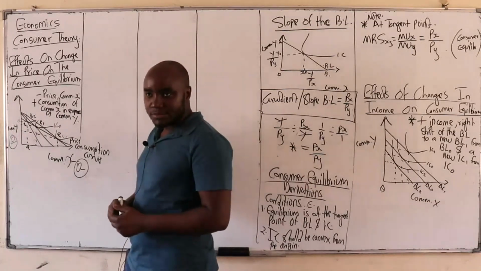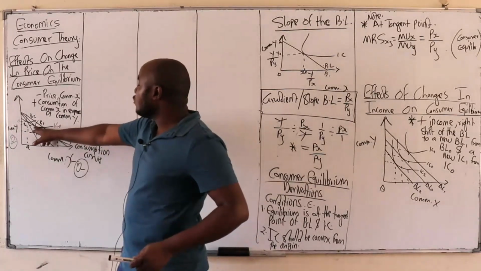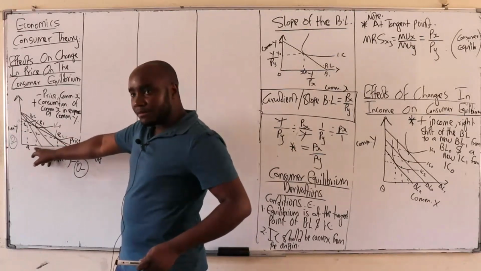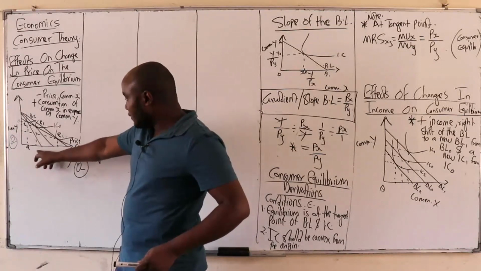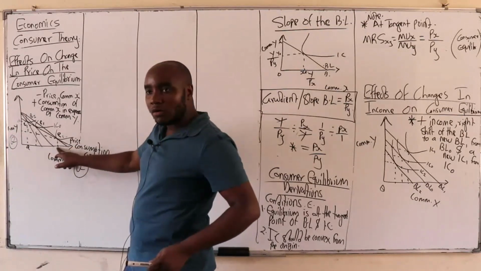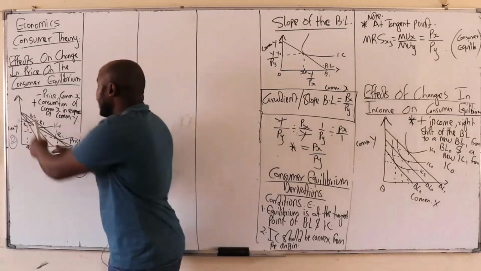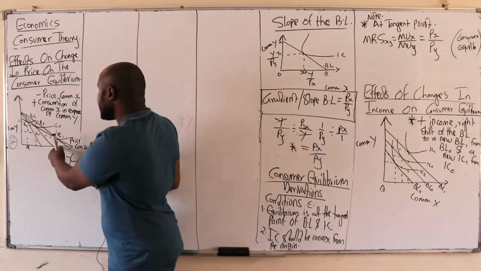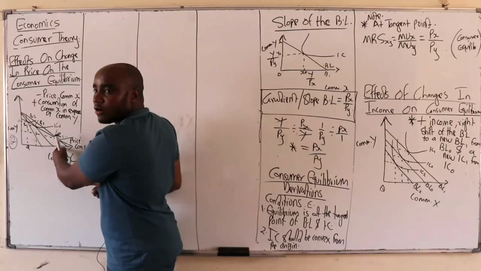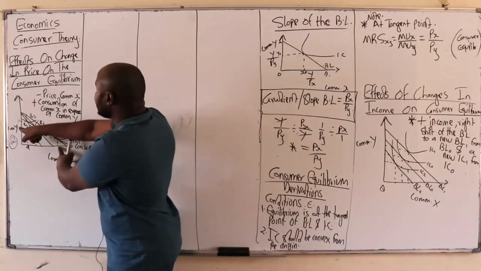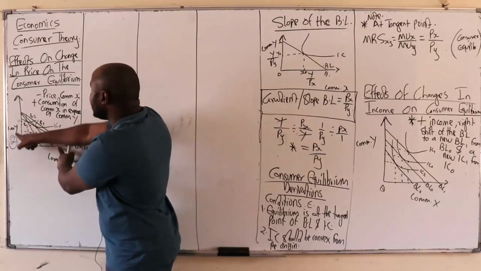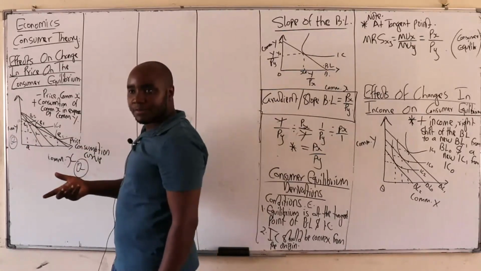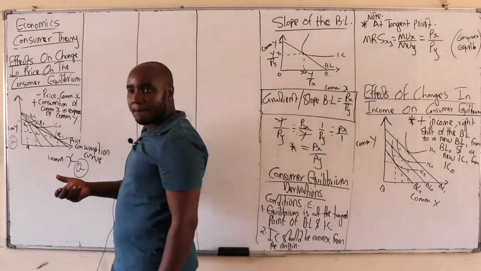Then people will tend to consume more of X. Instead of consuming at the initial equilibrium, they will consume more at the expense of commodity Y. That's why you are seeing that we are increasing the consumption of commodity X at the expense of commodity Y, such that this is reducing, but this one is increasing, and vice versa. Are you together?